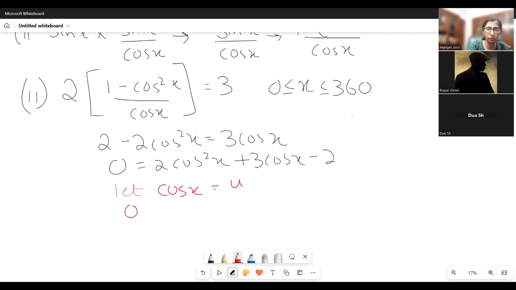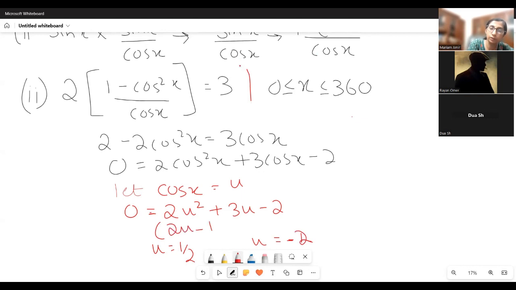So I have 0 equals 2u squared plus 3u minus 2. I'm getting u equals half from my calculator, and u equals minus 2, which gives me the two factors 2u minus 1 and u plus 2 equals 0.